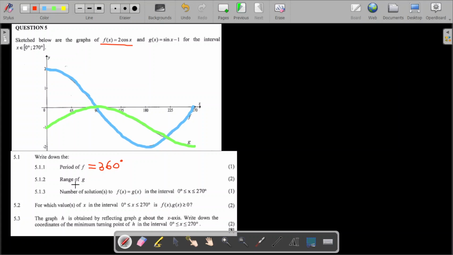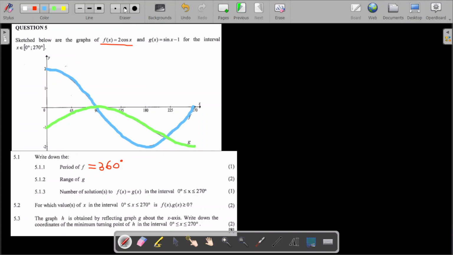Now, what is the range of the graph of g? Remember, the range is where our y values exist. So this is my g. This is my turning point, that's where my graph is going to turn, and my graph of g also turns here.